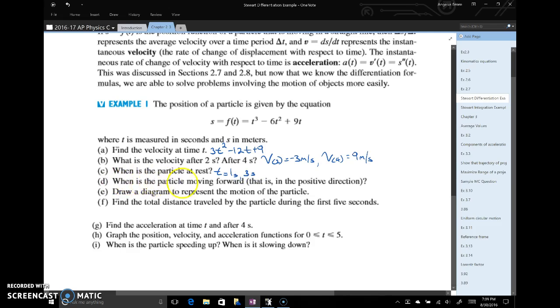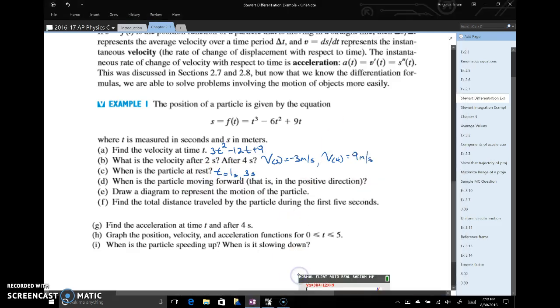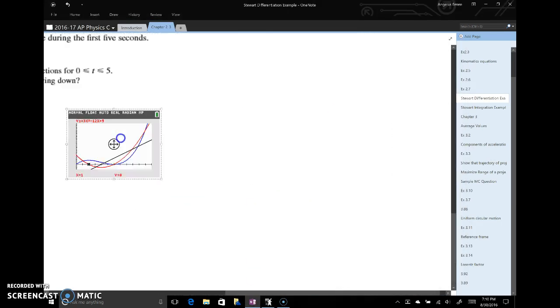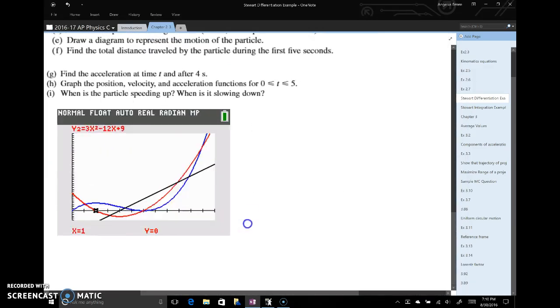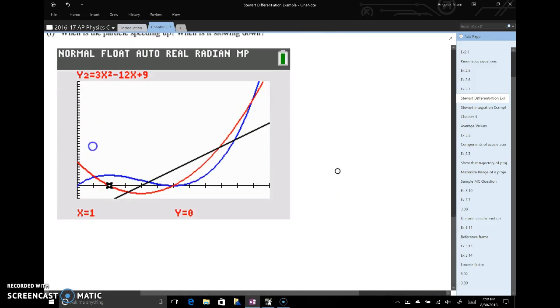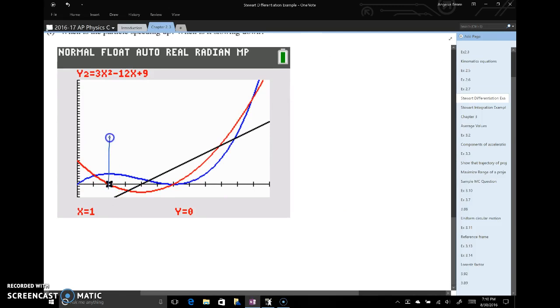Now it says, when is the particle moving forward? When is it moving backwards? Let's take another look at this graph. I'm going to put this in the notes here. What does it mean to be moving forward? Well, it means to have a positive velocity. In this case, these two places where we're at rest are where we're turning around. So here, our velocity was positive, so we were moving forward.